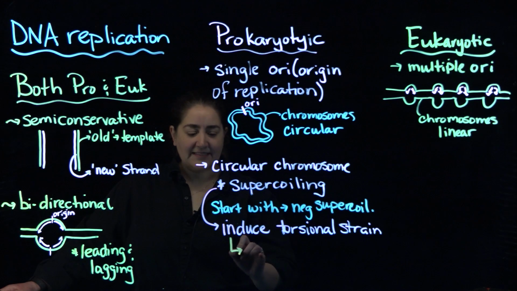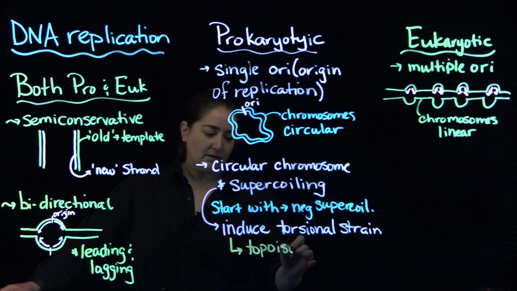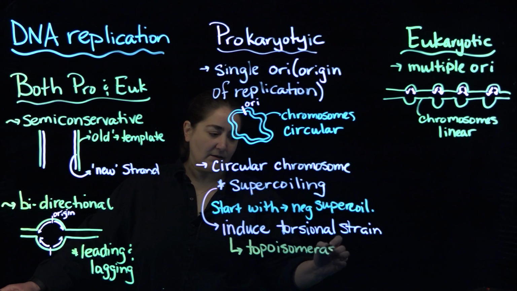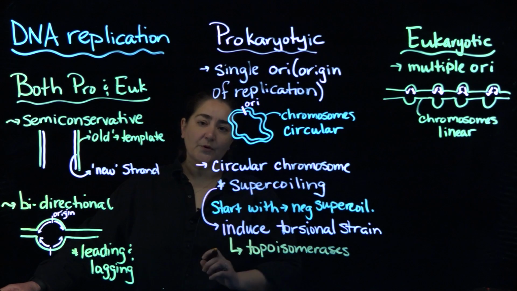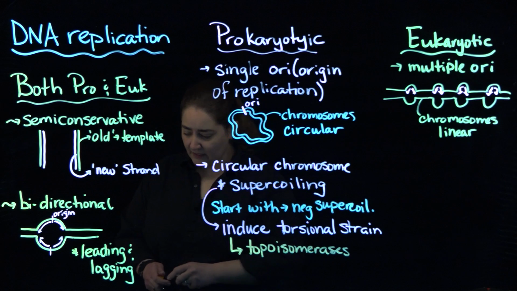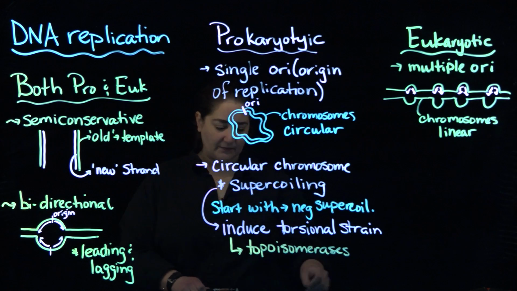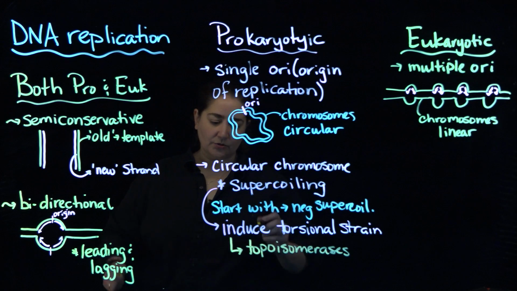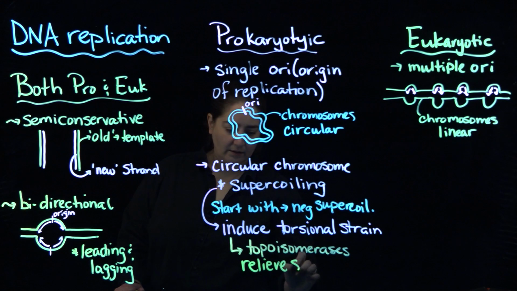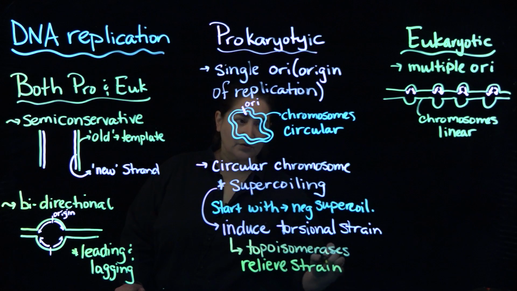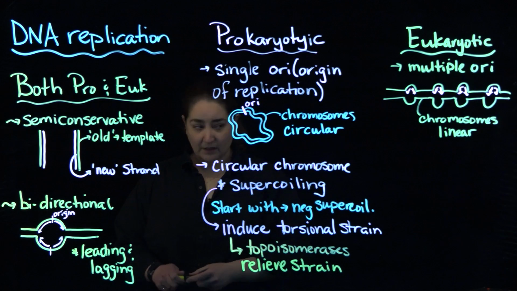And how it deals with that is using topoisomerases, okay? The topoisomerases in prokaryotic organisms are going to work to relieve the strain that's associated with DNA replication, all right?